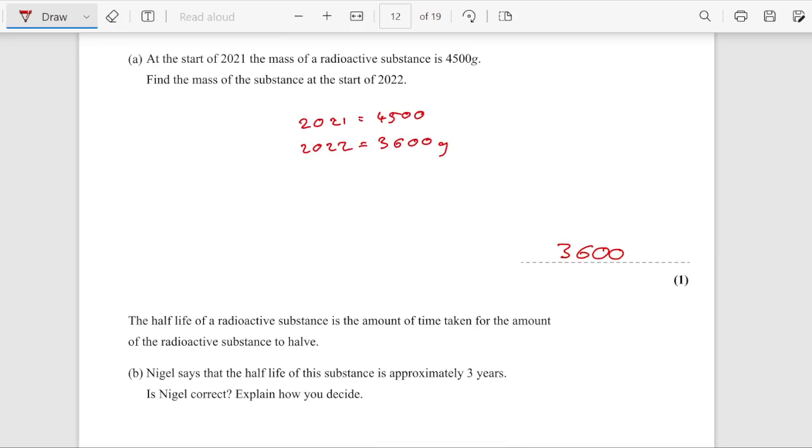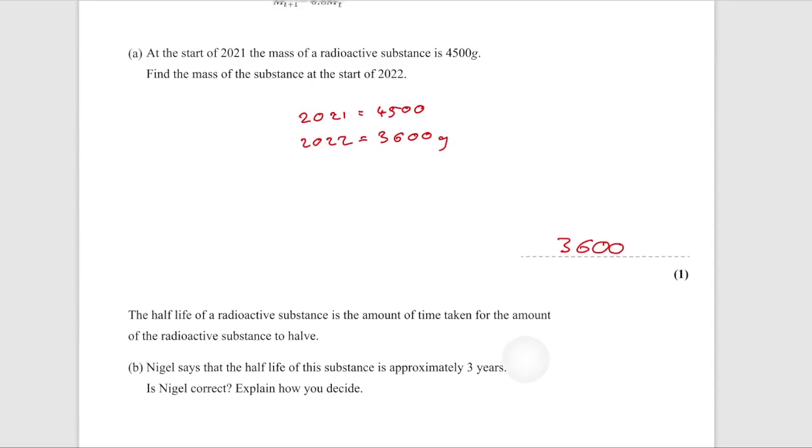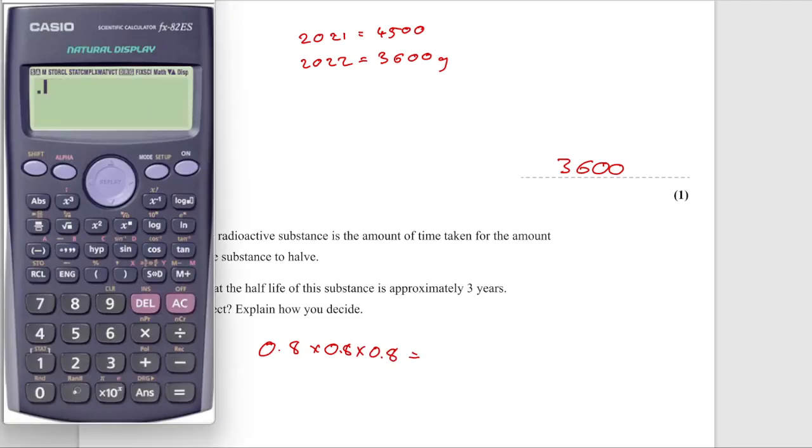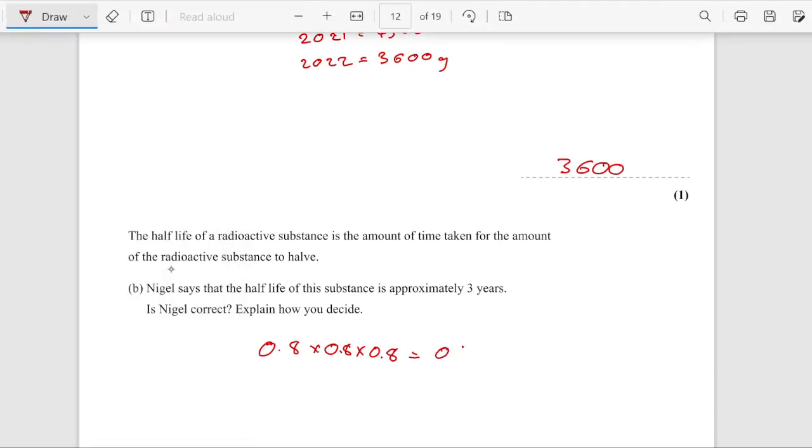Okay, the half-life of a radioactive substance is the amount of time taken for the radioactive substance to halve. Nigel says the half-life of the substance is approximately 3 years. Is Nigel correct? Explain your answer. Well, if we just times by 0.8 each time, 0.8 times 0.8 times 0.8 is going to be equal to 0.8 cubed. 0.8 cubed is going to be equal to 0.512, which is close to 0.5 or half.